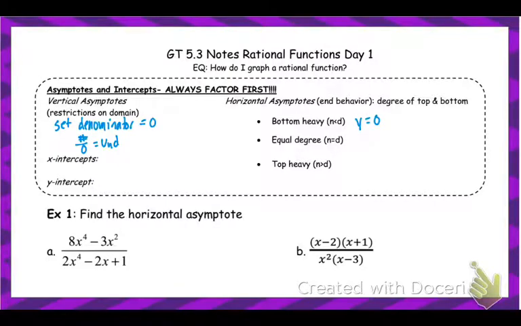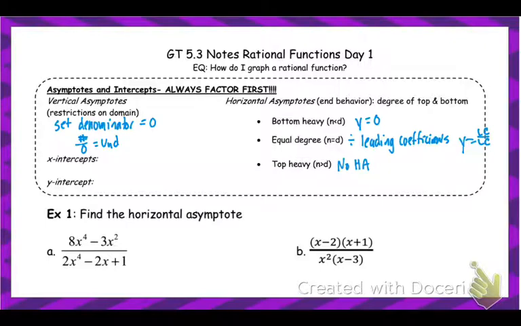If the degree on the numerator and denominator are the same, then we divide the leading coefficients. So we would get something like y equals whatever that leading coefficient is over the other leading coefficient. If our function is top heavy, there is no horizontal asymptote.